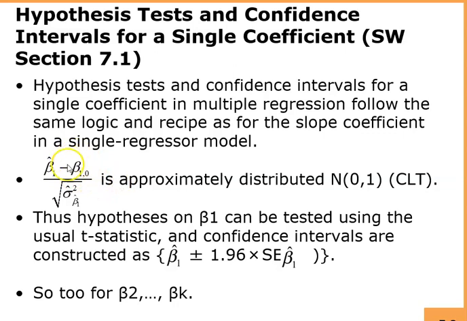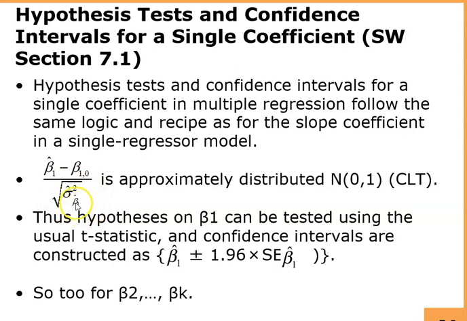In most cases we are testing whether beta 1 is equal to 0, and the alternative hypothesis becomes that beta 1 is not equal to 0. So in order to calculate the t value, or the t actual, we will basically subtract the null hypothesis from beta 1 hat and then divide it by the standard error of beta 1.